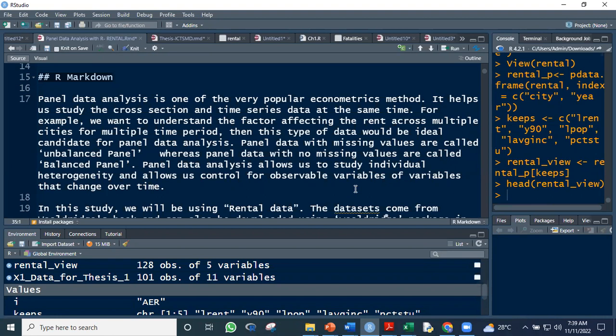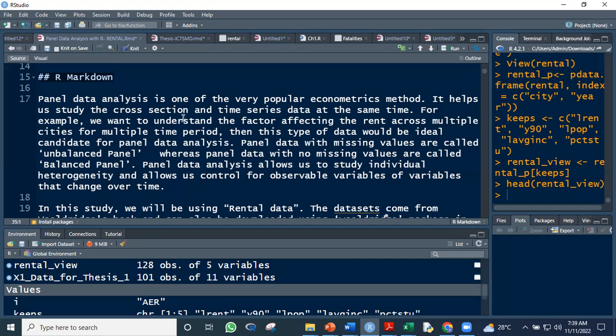However, when you have information of the different units taken across several points in time, then that's a panel data, and we're going to use another method. It's not the ordinary least squares method or the pooling method.